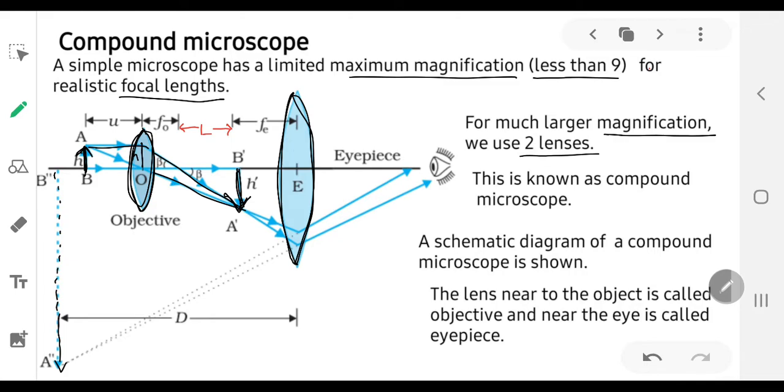Because if the image formed by the first lens is at a distance of the focal length of the second lens, then the second lens is going to form the image at infinity, so that the eye can observe that image in a relaxed position. So we have to form the image by the first lens at a distance of focal length from the second lens.